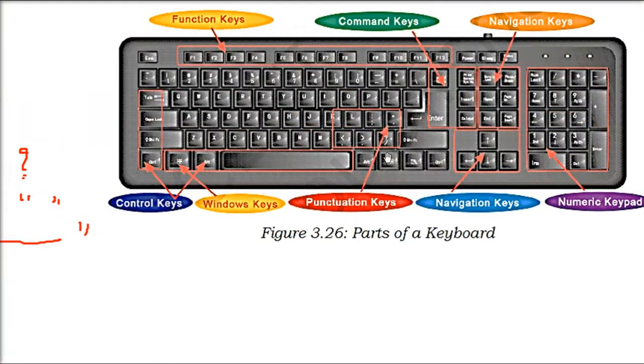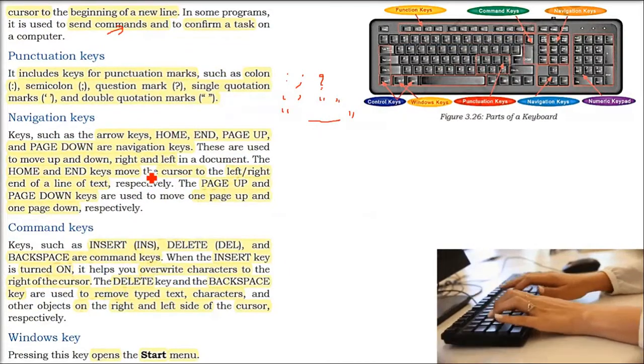I'll just show you the punctuation marks here. These are the punctuation keys, and some of the keys have an upper and a lower. So you press shift, the upper will come. If you don't press shift, the lower character will come, because there are keys which have two characters at the same time. The shift will toggle you between these two.